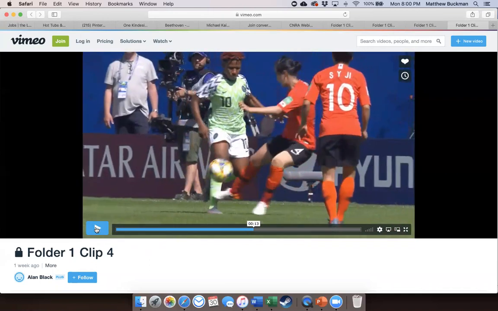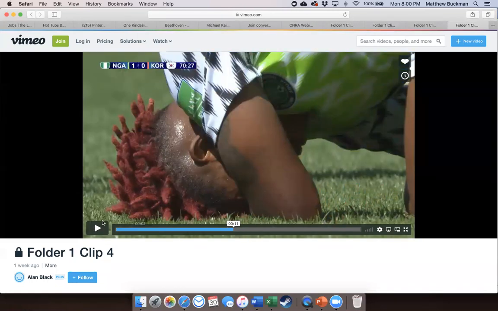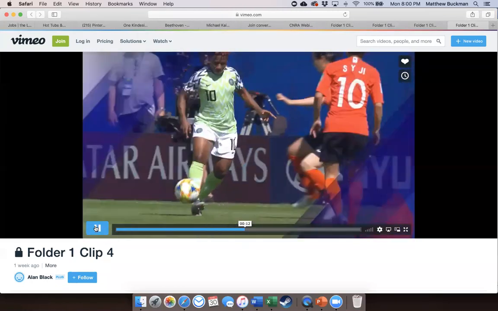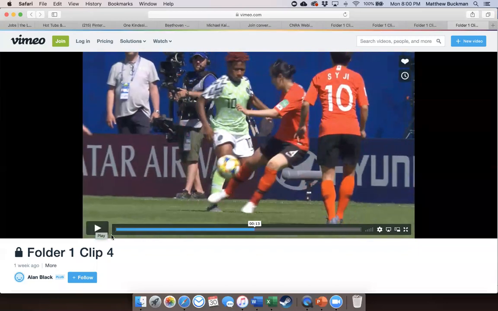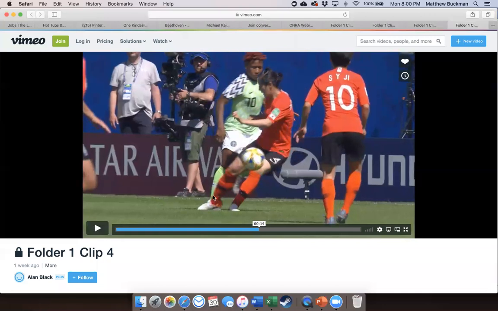So while the contact is high, it's also made with the side of the foot. As you can see, her studs are pointed down. Maybe a little bit the edge of the foot, hard to tell, but either way, this would be considered glancing contact up here, with the bulk of the contact being the studs to the top of the foot there.